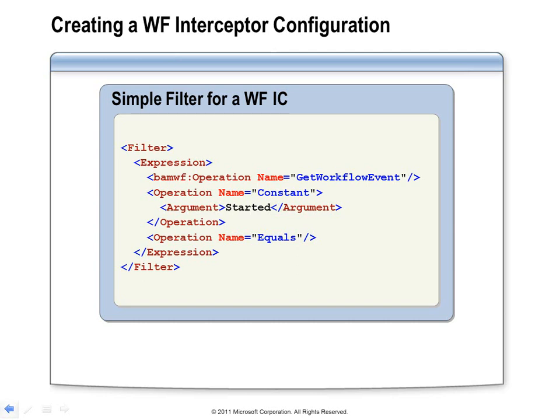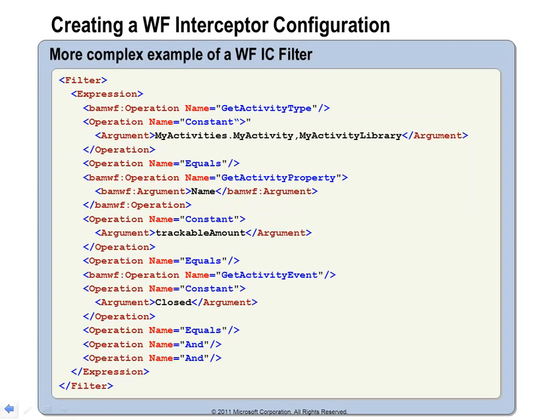We're interested in the get workflow event when it's started. So we want to have some BAM updates or references or other steps take place only when the workflow moves into that started state. And so this is how we can compose together some of those workflow operations in our filters or our expressions to identify those different steps.